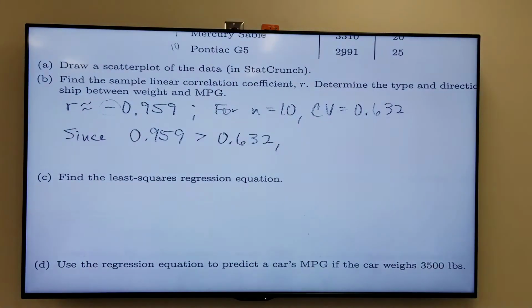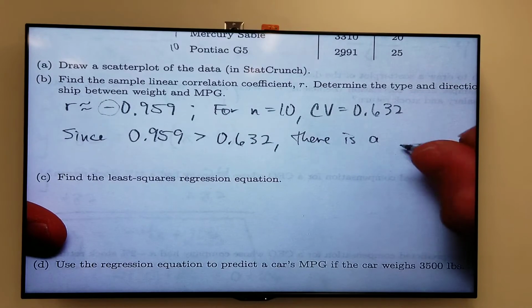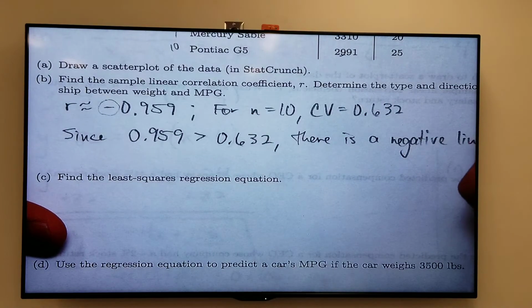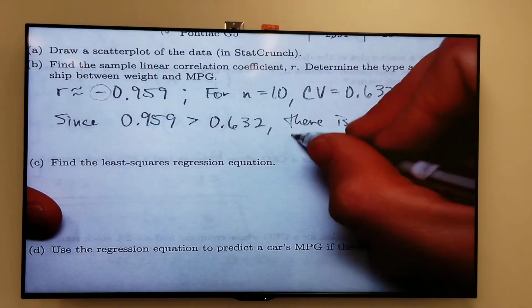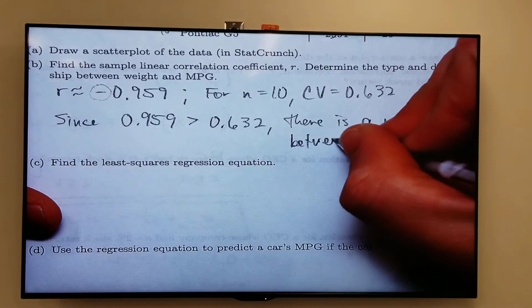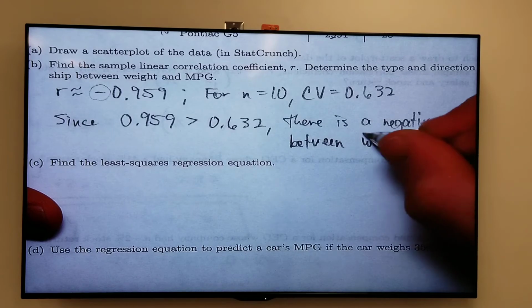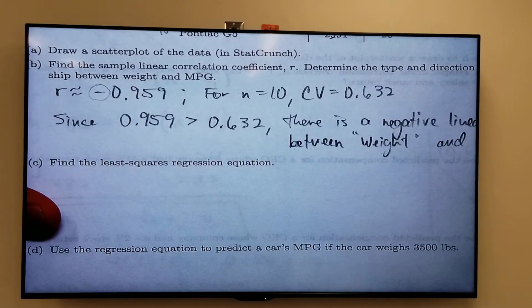So we would say there is a negative linear correlation between weight and miles per gallon.